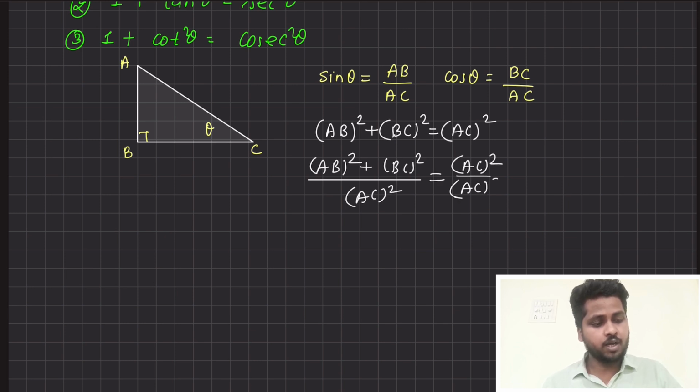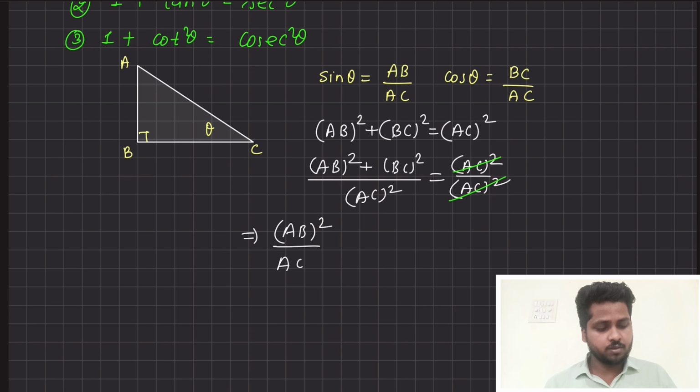If I go for the calculation, this will get cancelled. AB square upon AC square, so we can split from here. Then this equation can be written as AB square upon AC square plus BC square upon again AC square is equal to 1.